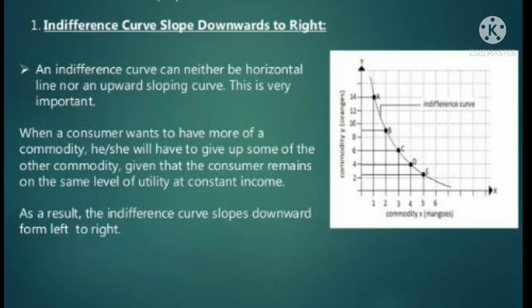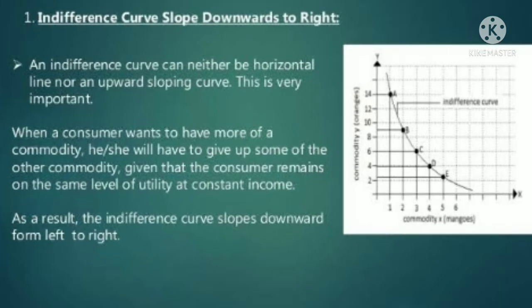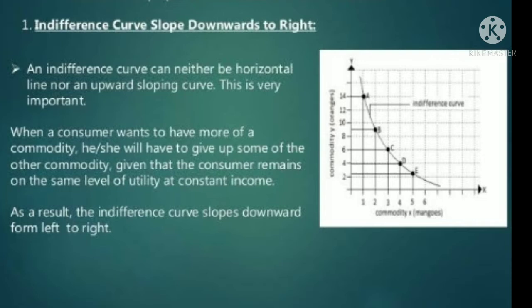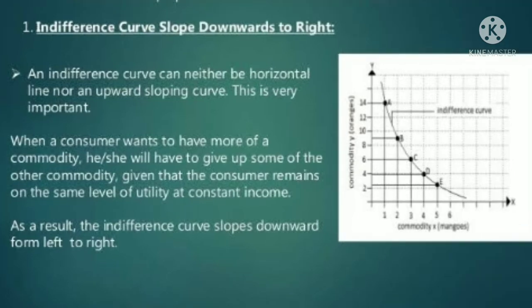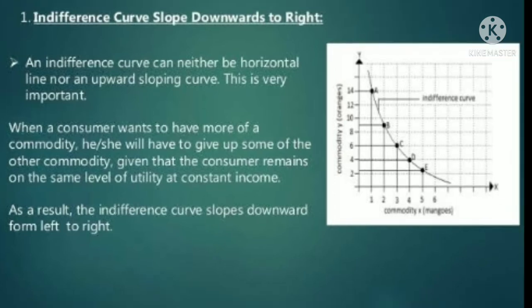In other words, the increase in the amount of good one is associated with a decrease in the amount of good two. So, the ICs are downward sloping.